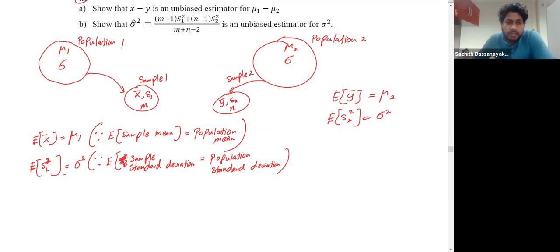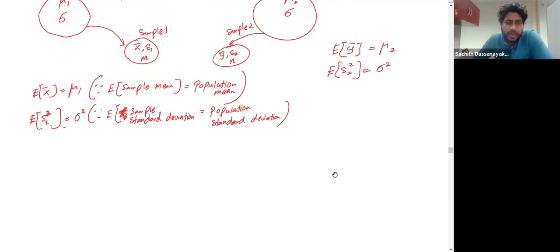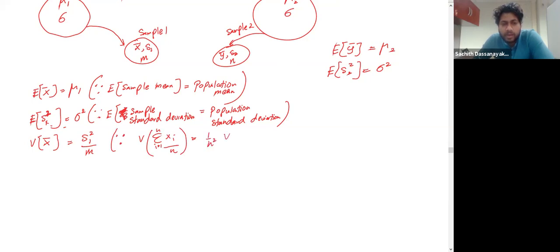Let's check what the variances are. What is the variance of x bar? The variance of x bar is S1 squared over its sample size m. The reason is that you have to calculate the variance of the summation of xi for i from 1 to n, over n. So 1 over n becomes 1 over n squared times the variance of the summation of xi.